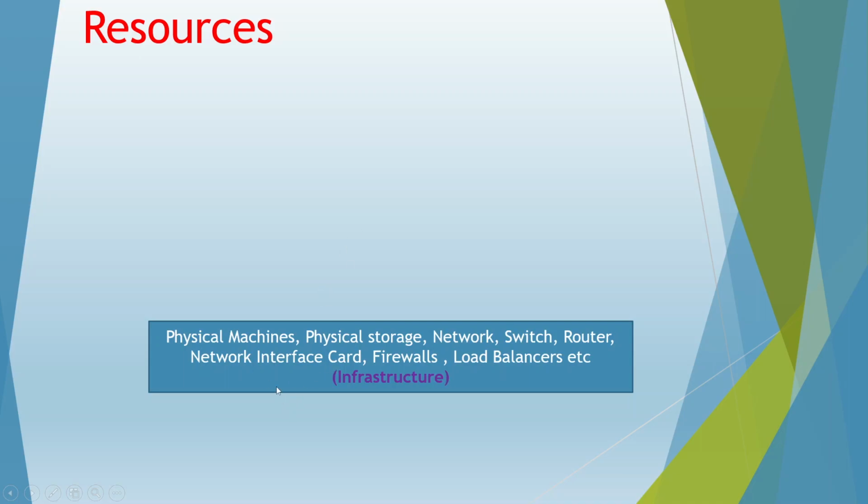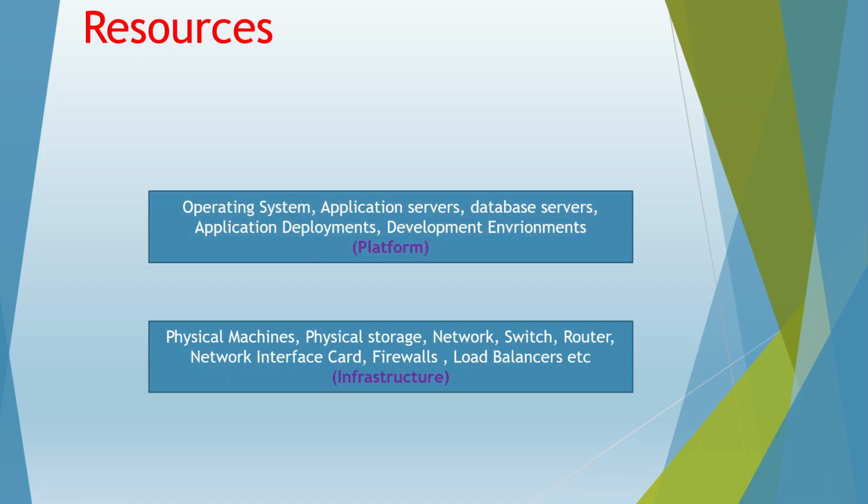These are all called infrastructure components that any organization has to buy and maintain for running any IT system, right? On top of it, once they buy the physical machines or storage, they install operating system software, application servers, web servers, and database servers. All these are application deployment or development environments. All these act as a platform.